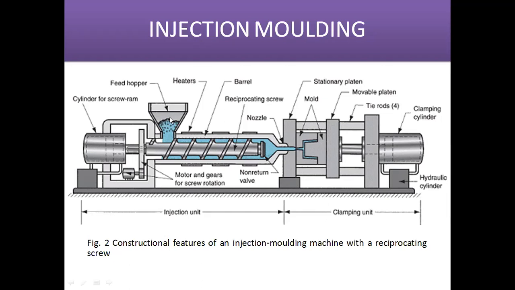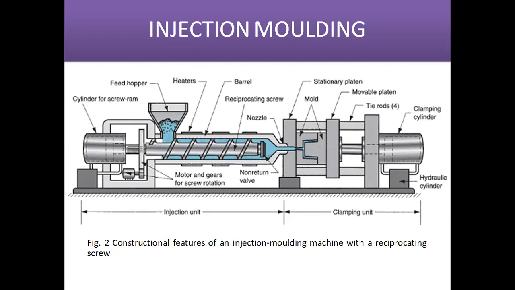Through this feed hopper, the plastic materials are placed into the barrel, and in the barrel there are heaters connected. These heaters heat the plastic materials and soften them. Then a force is applied on these plastic materials with the help of the reciprocating screw, and at that time the reciprocating screw acts as a ram.